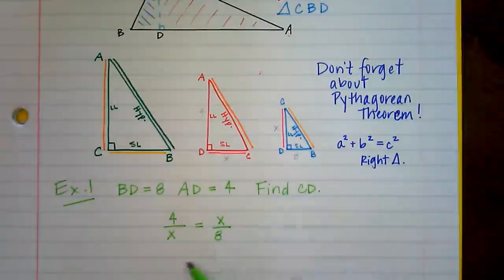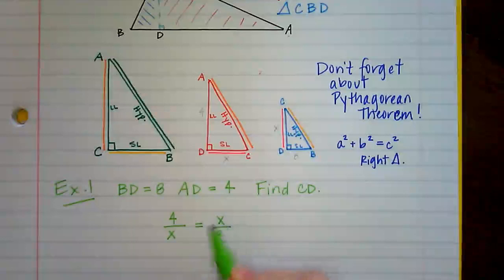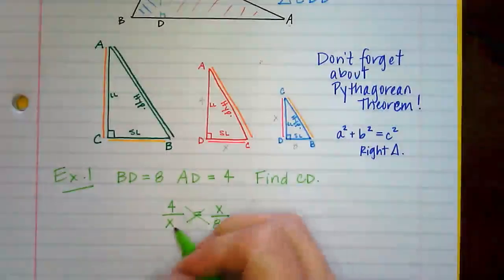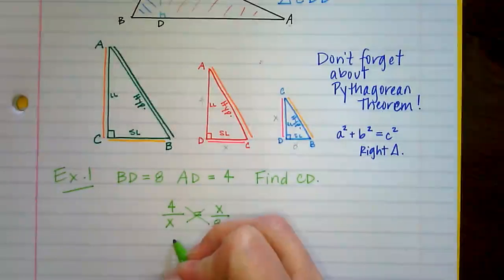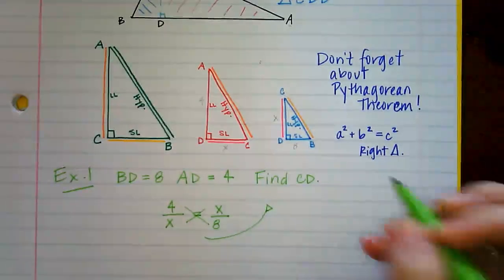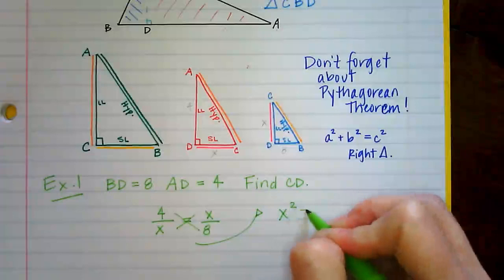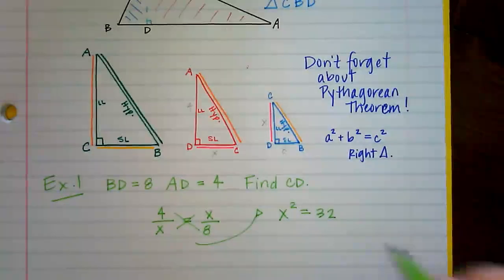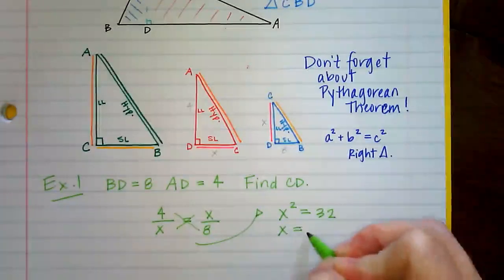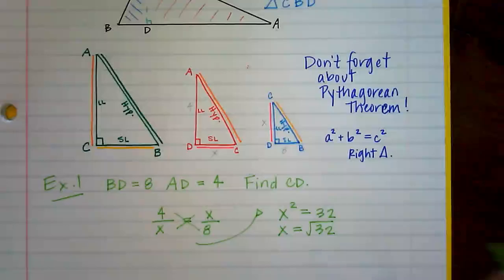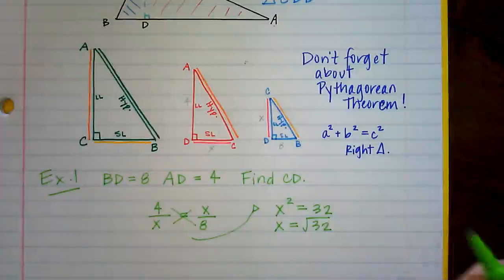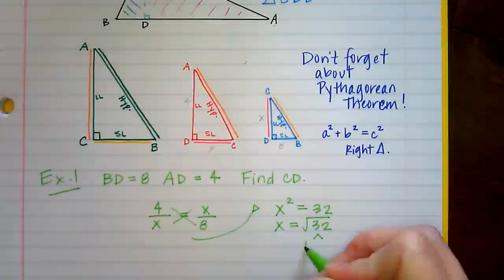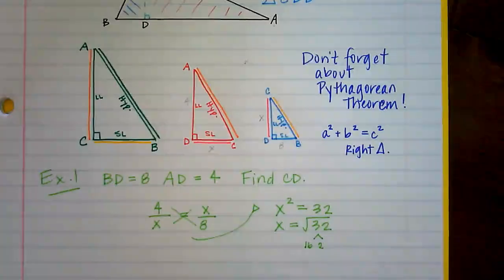Obviously, we can't do anything here because we don't know what's happening there, so we're just going to have to multiply the diagonals. So if I multiply x times x, I'm going to go over here for space, that gives me x squared. If I multiply 4 times 8, that's 32. So that means x is the square root of 32, which then, if we think back to earlier this year, we can simplify this to be 16 and 2.